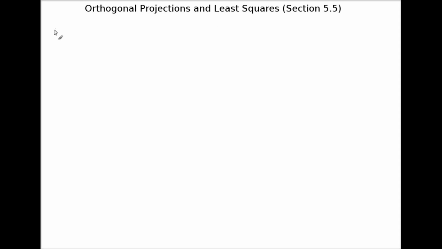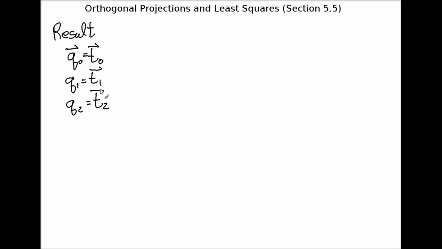Okay, well, let's just write down the results. So I already mentioned that the vector q0 is just T0, and q1 is just T1. And what's q2? q2 is T2 minus some constant times T0.